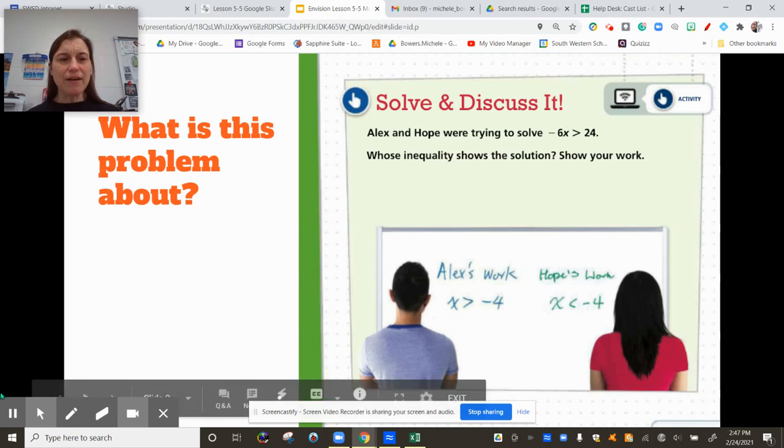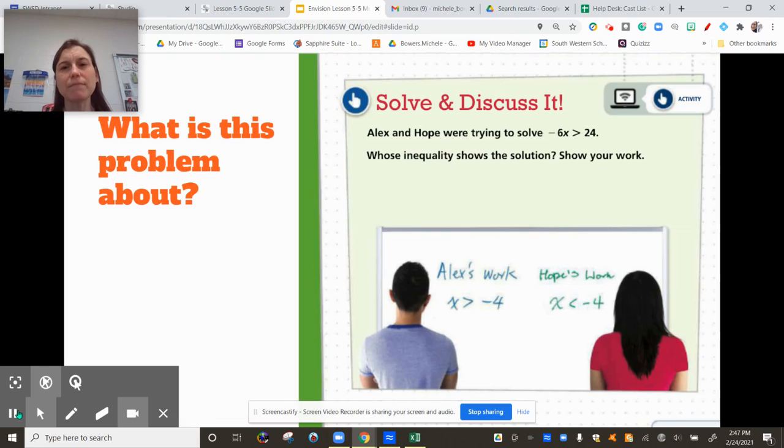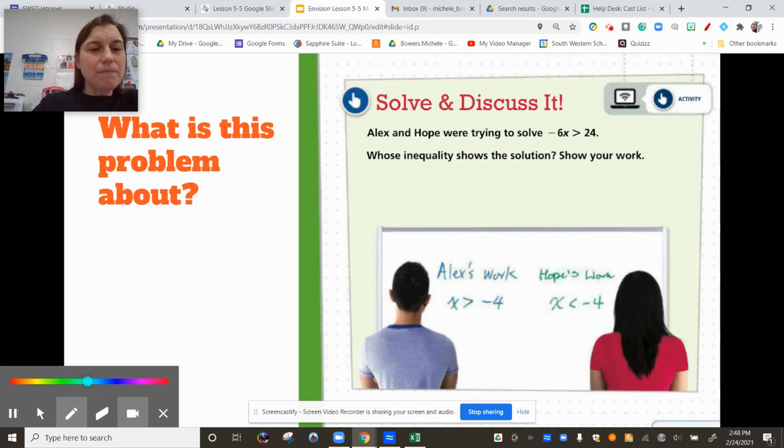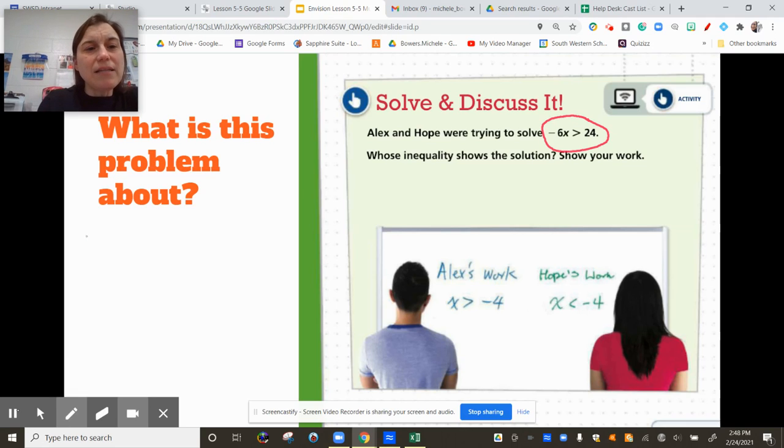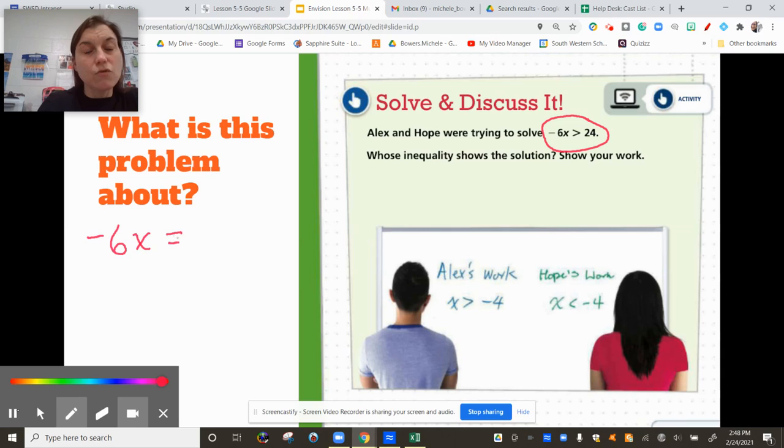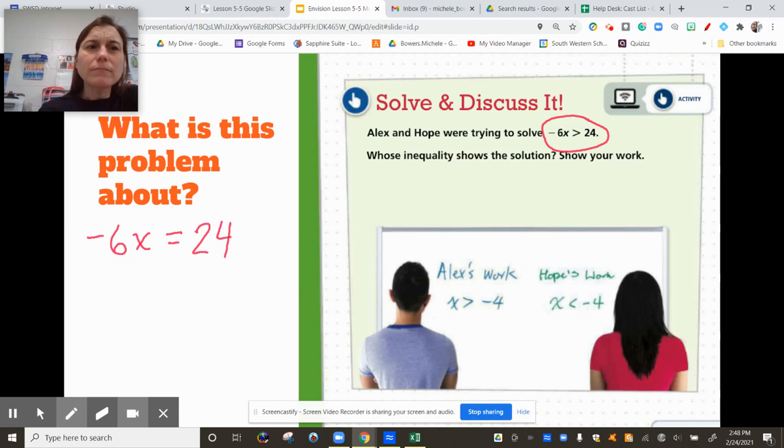So let's start there and see how they would have gotten negative 4. Just for a moment, I'm going to imagine that this inequality here was an equation. I'm going to say negative 6x is equal to 24. So let's pretend that was an equal sign.